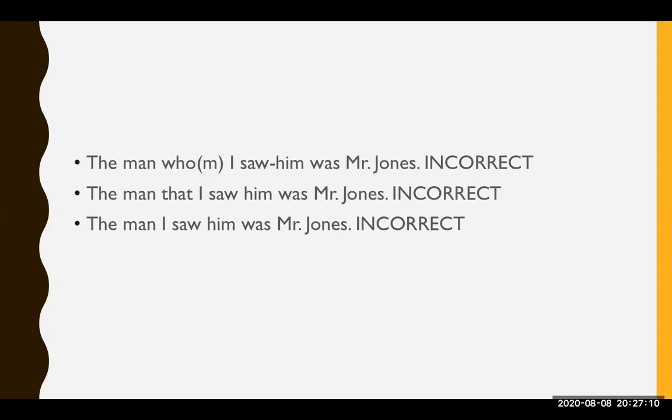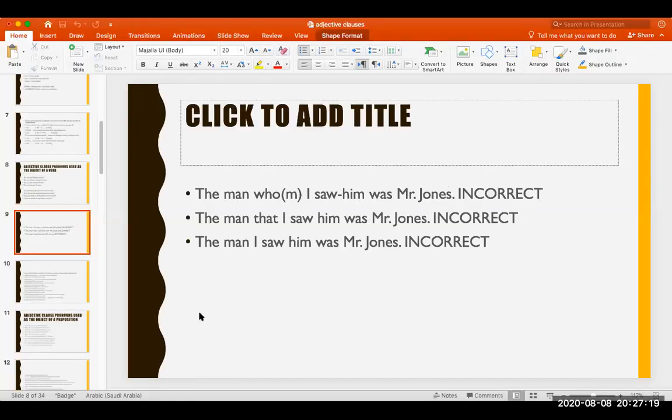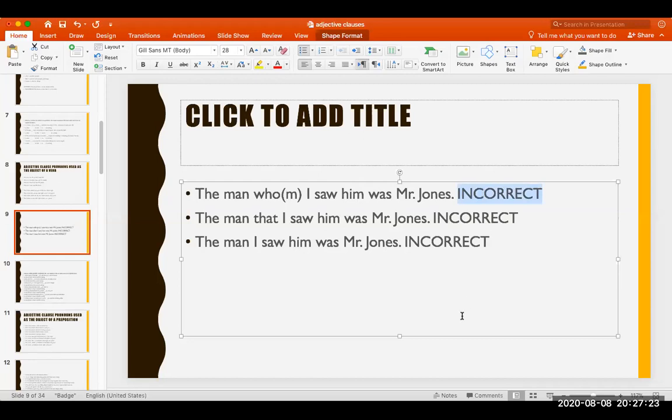So the man whom or who I saw was Mr. Jones. If you say I saw him, this is completely wrong. So this is incorrect: the man that I saw him was Mr. Jones, also repeating that here.